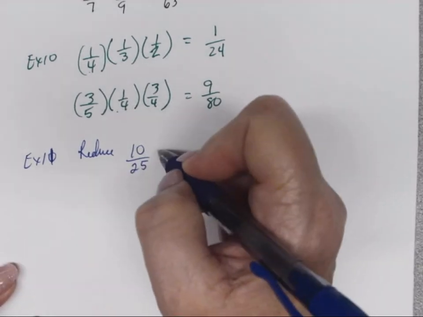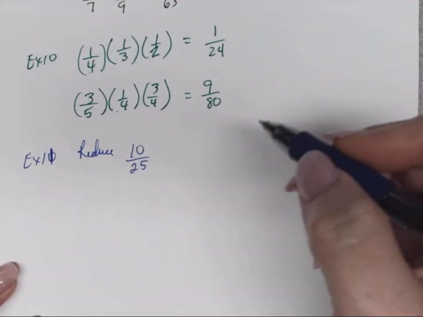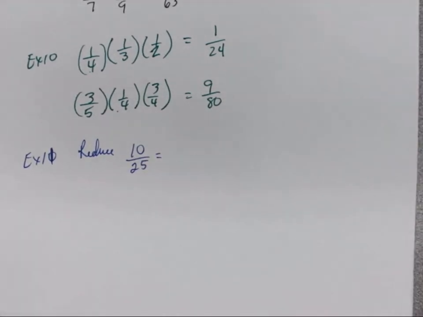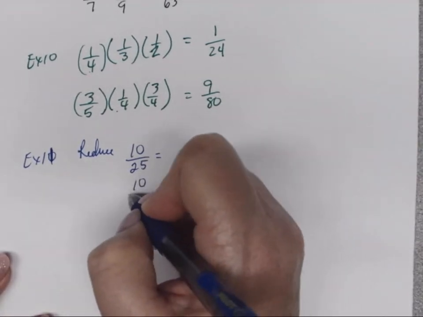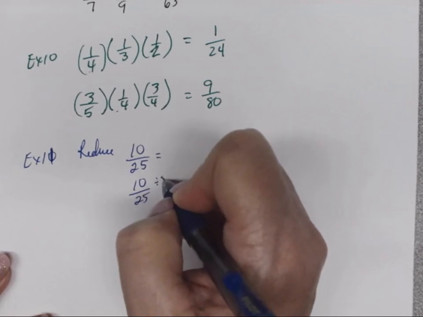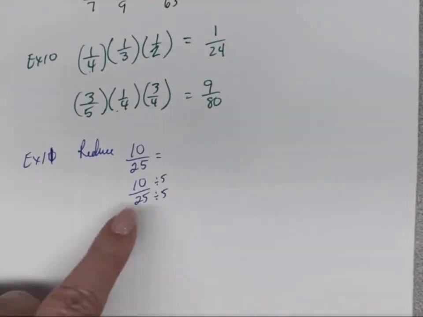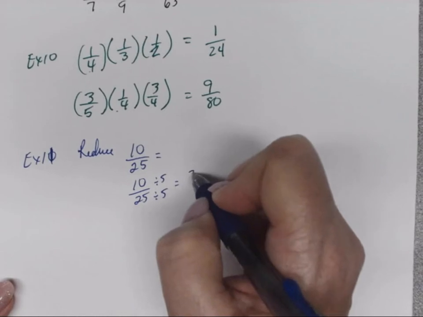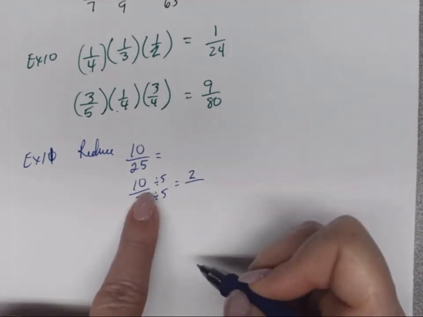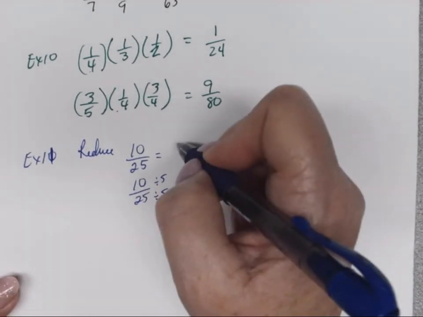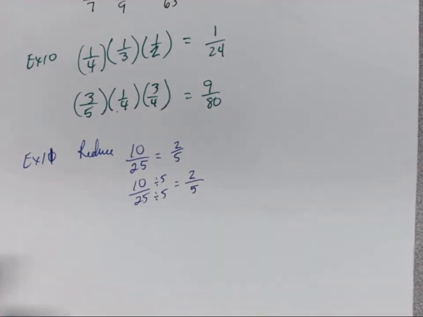So if we divide the top and the bottom both by 5, you can do this one of two ways. You can write this and you can show the divide by 5 on both. So 10 divided by 5 is 2, and 25 divided by 5 would be 5, or you can just show me that it reduces down to 2/5.